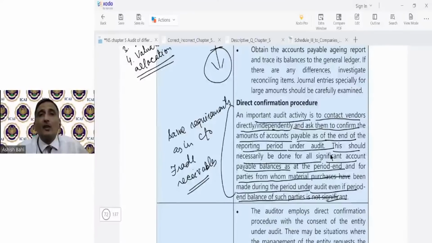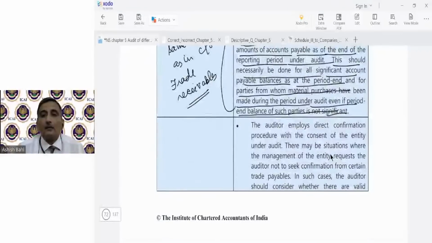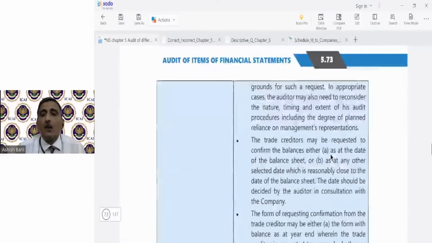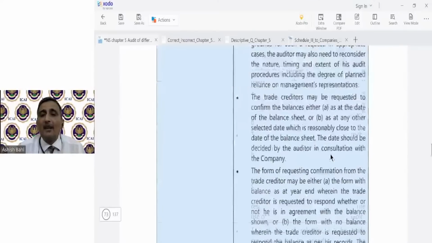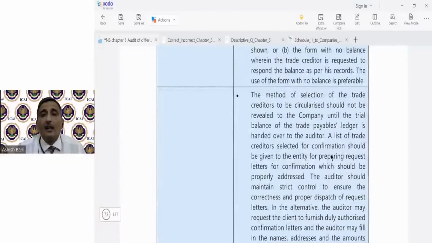Simultaneously, he is also getting confirmation that this balance has been created out of genuine purchase transactions. So all similar requirements, so I am not repeating here what we had studied in case of trade receivables.